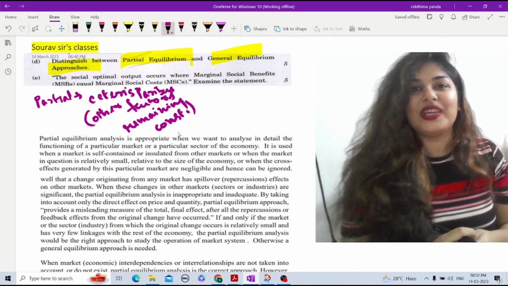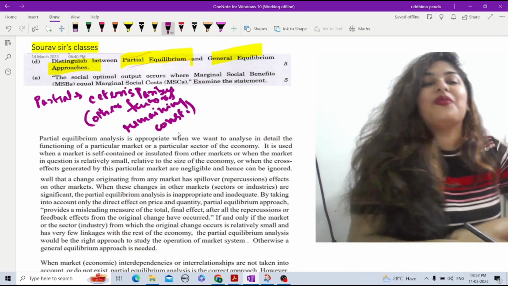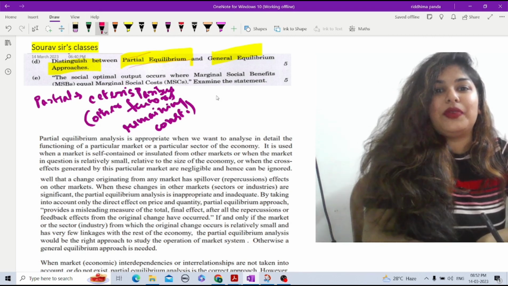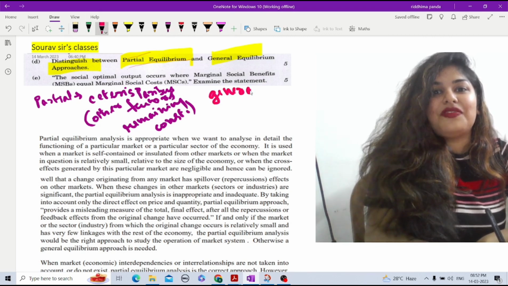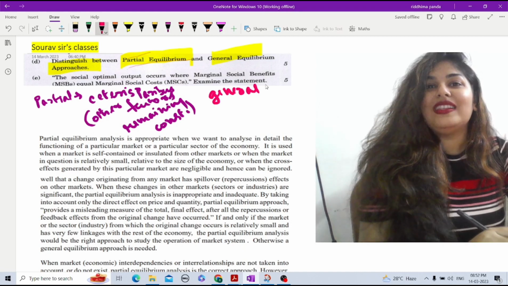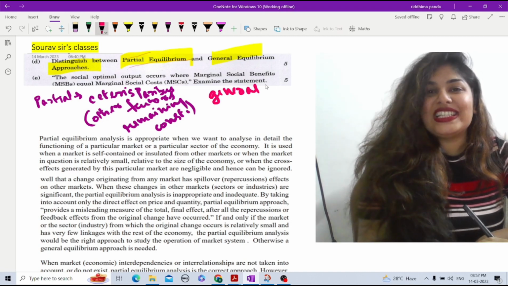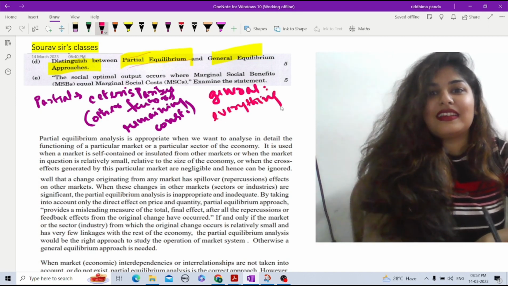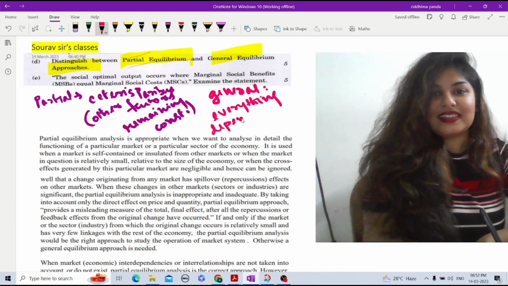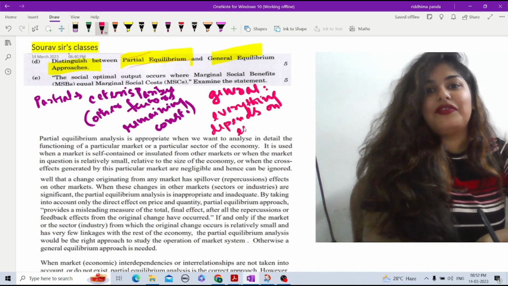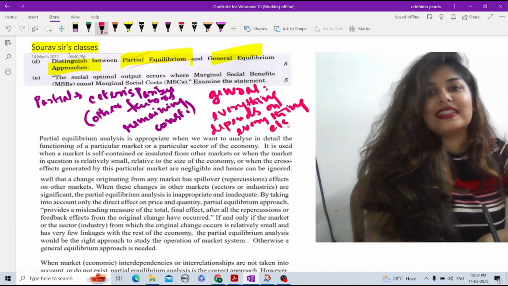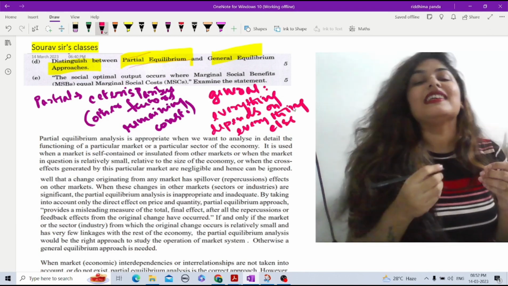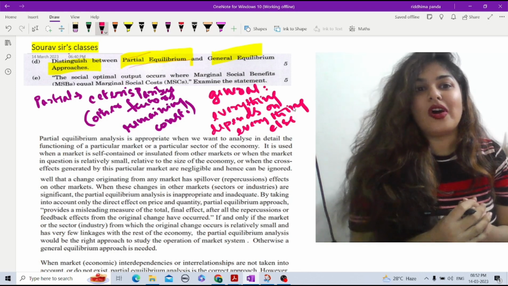that is our partial equilibrium analysis. But when we are talking about general equilibrium, that means we are studying all the markets, all the conditions simultaneously. That is, everything depends on everything else. So there is nothing called other factors constant or anything.